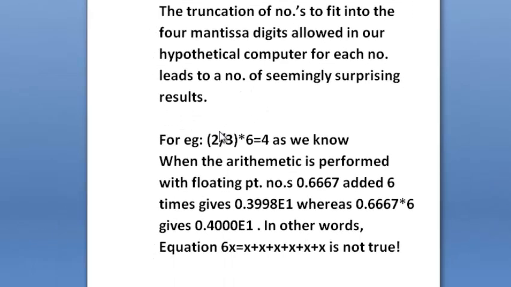For instance, 2 by 3 into 6 is equal to 4, as we all know. Now, when the arithmetic is performed with floating point numbers, 0.6667, which comes from dividing 2 by 3, added 6 times, gives 0.3998 E1, where E is the exponent in powers of 10, whereas 0.6667 multiplied by 6 gives 0.4000 E1.